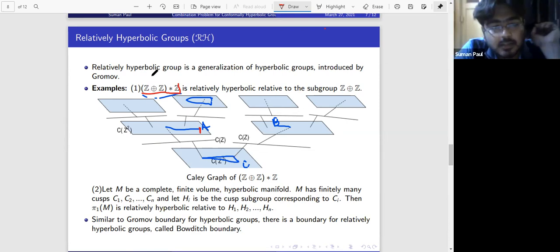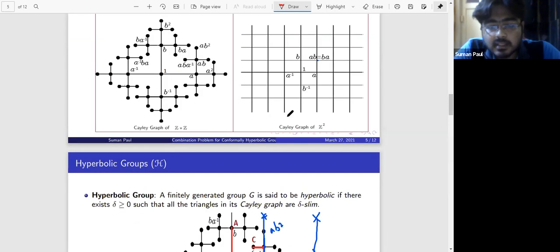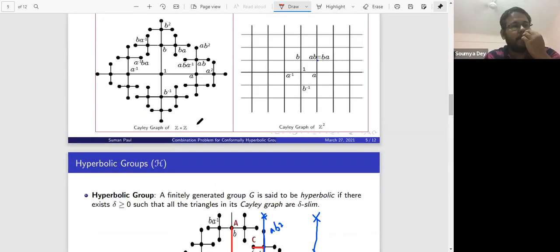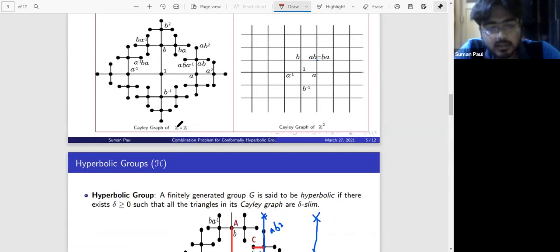Suppose we take this group to be G. Then the group is Z star Z, the free product of G and Z. As we have seen earlier, consider the Cayley graph of Z star Z.